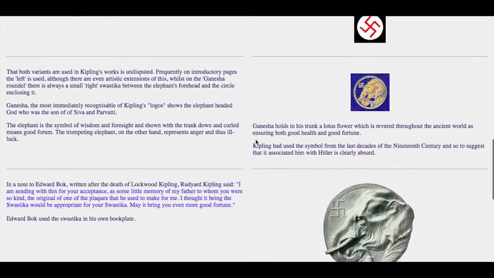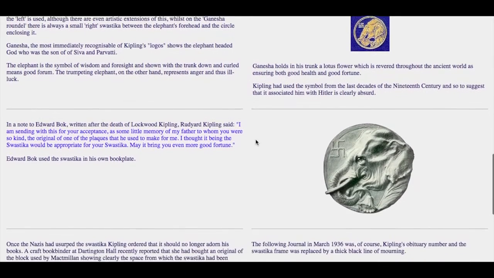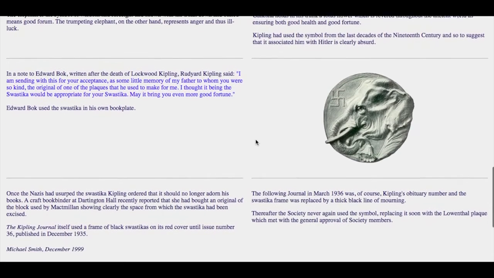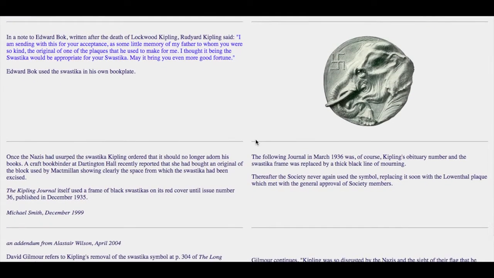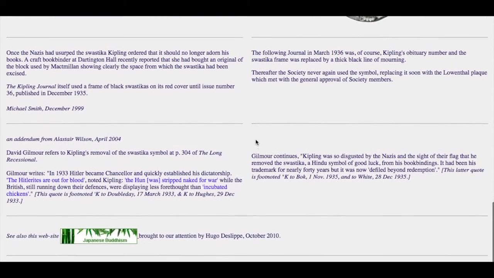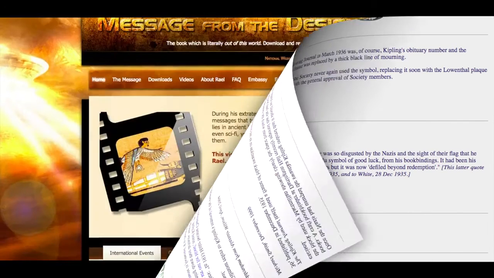Kipling was so disgusted by the Nazis and the sight of their flag that he removed the swastika, a Hindu symbol of good luck, from his book bindings. It has been his trademark for nearly 40 years, but it was now defiled beyond redemption. To this day, however, there are reports of second-hand bookstores forced to field questions from confused or angry patrons about why their copy of the Jungle Book is emblazoned with National Socialist Party symbolism.